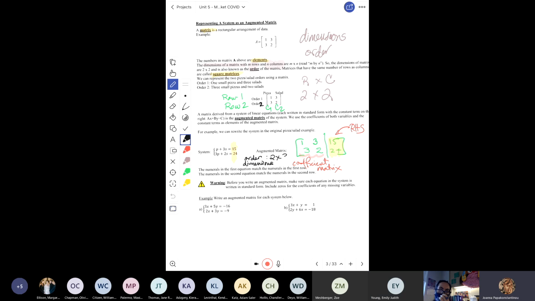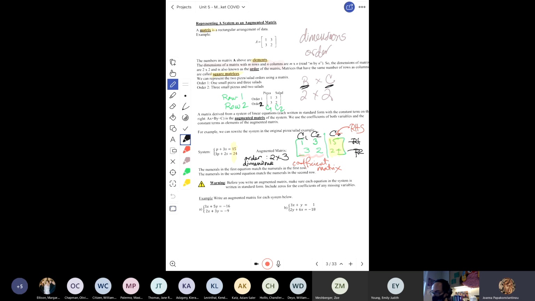So you will have to determine the size, the dimensions, the order of a matrix. You need to know those terms. You need to know that order means dimensions, and it's the number of rows first by the number of columns. Okay? Number of rows: 1 row, second row. Columns: 1 column, 2 columns, 3 columns. Number of rows is 2, number of columns is 3.